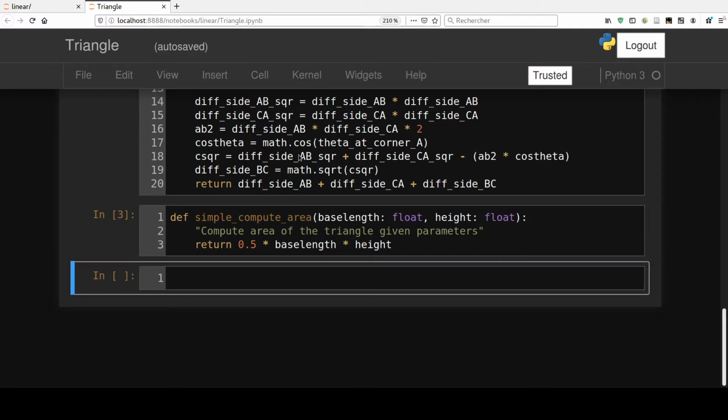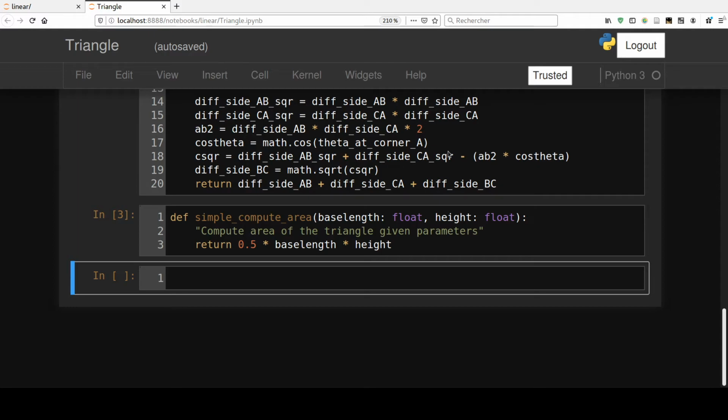For example, we can use again the trigonometric functions. In this case, we would need to know two sides, again two sides, and an angle, and the angle we need to know is the incident angle between two sides.